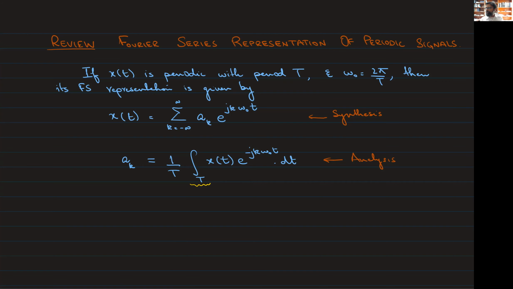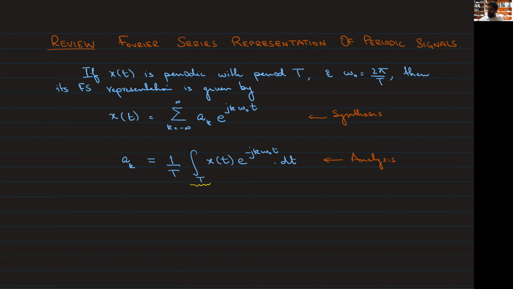So you're absolutely right. It just means you're integrating over any period. You can start anywhere, at any t naught, and as long as you're integrating over one period, you're going to get the same answer.